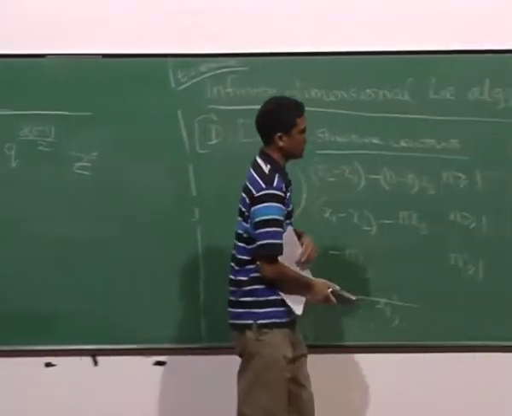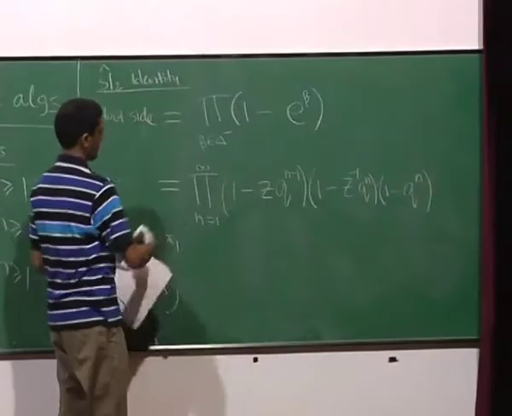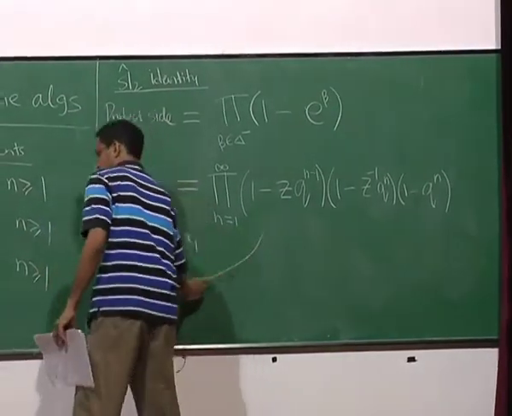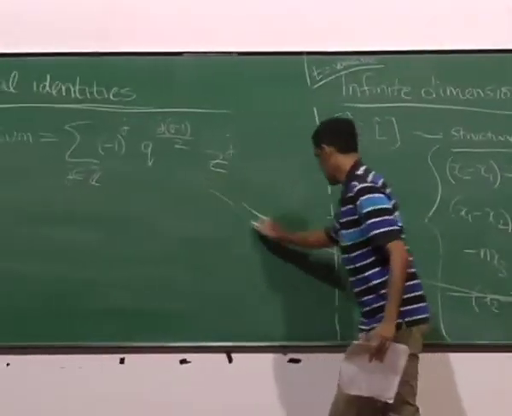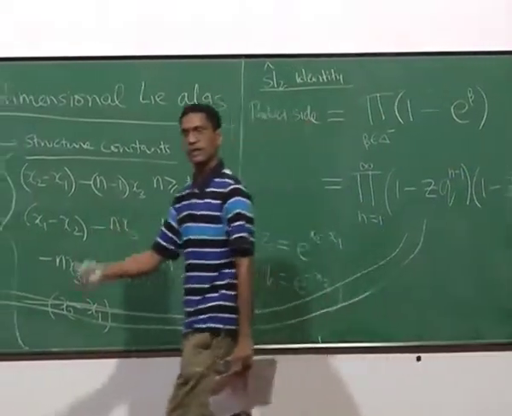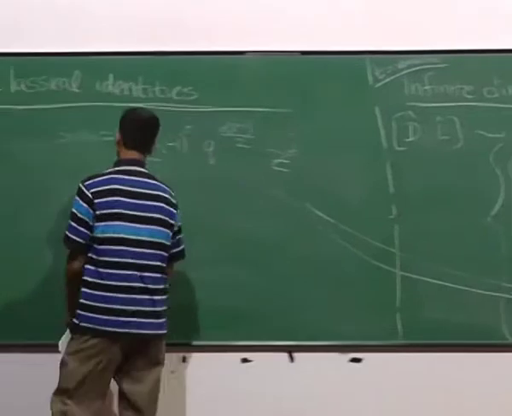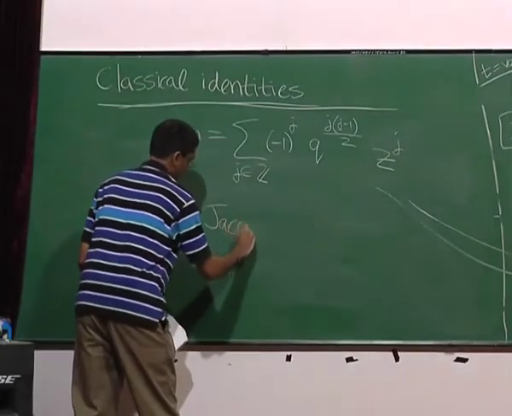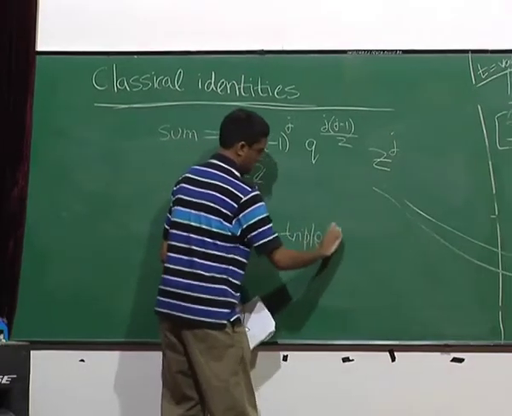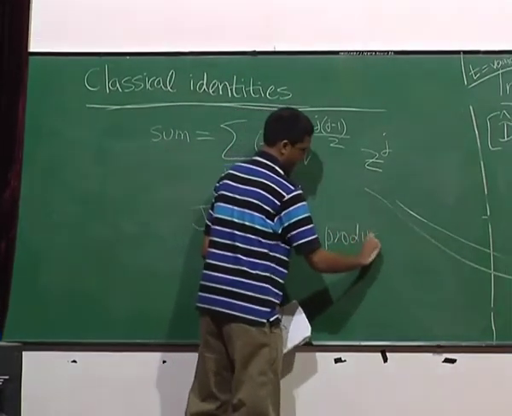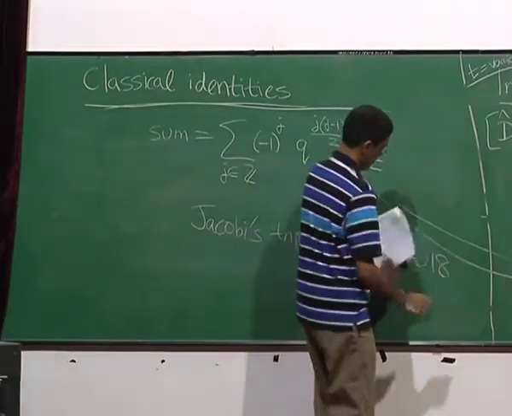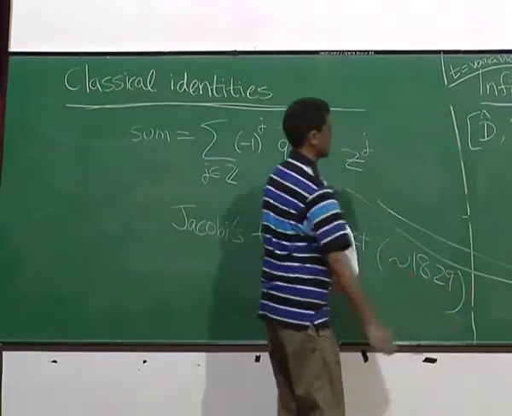Now the product side is this product. It turns out that this particular identity, that this equals this, was known for a very long time. This is a very famous identity called Jacobi's triple product identity, discovered by Jacobi somewhere in 1829.